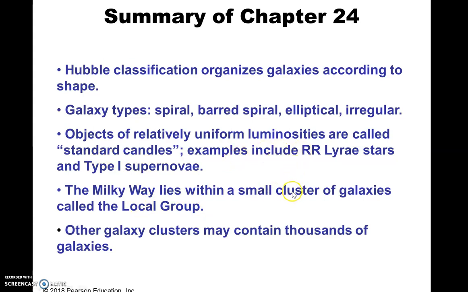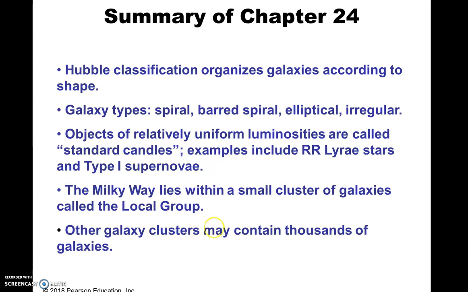Anyhow, clusters of galaxies tend to have thousands of galaxies that are gravitationally linked. We are in what's called the Local Group. There are just 3 spiral galaxies: the Milky Way, Andromeda, and M33, and then maybe 50 or so small irregular galaxies.